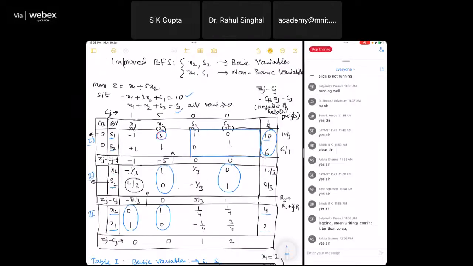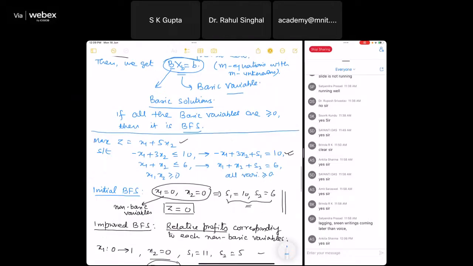Because those are non-basic variables. That means the first point of the simplex iteration corresponds to basically this point, origin, because x1 is 0 and x2 is 0, right? Now if you go to the second point, the second point of this table, here x2 is 10 by 3.